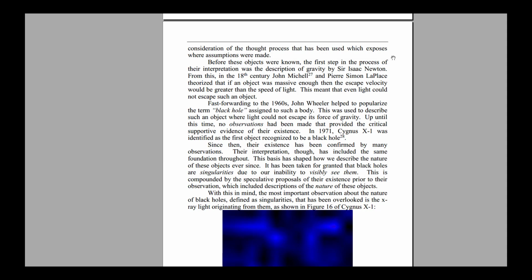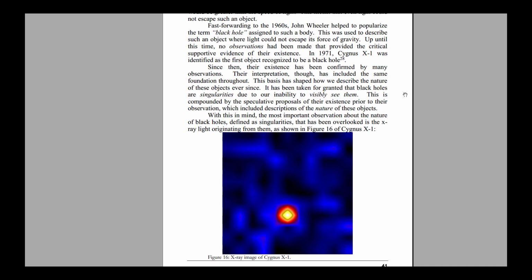Fast forwarding to the 1960s, John Wheeler helped to popularize the term black hole assigned to such a body. This was used to describe such an object where light could not escape its force of gravity. Up until this time, no observations had been made that provided the critical supportive evidence of their existence.